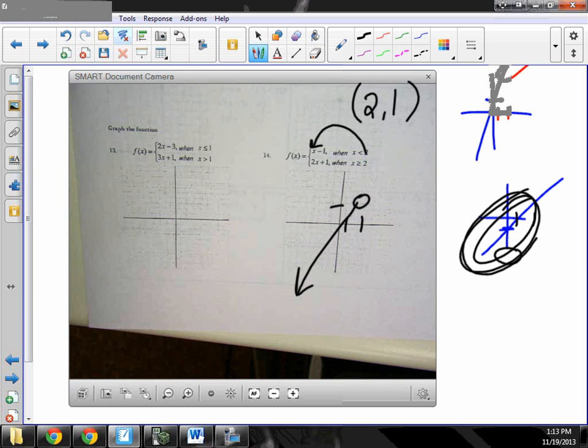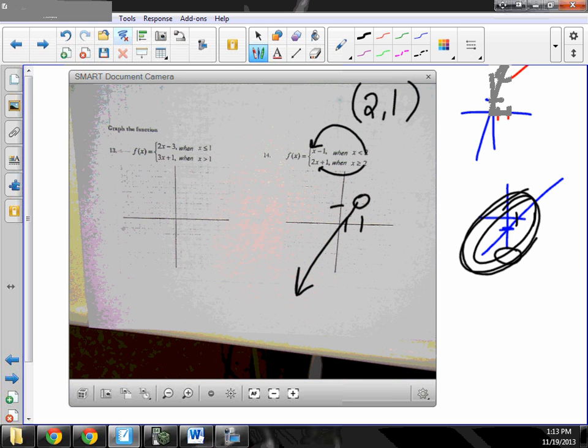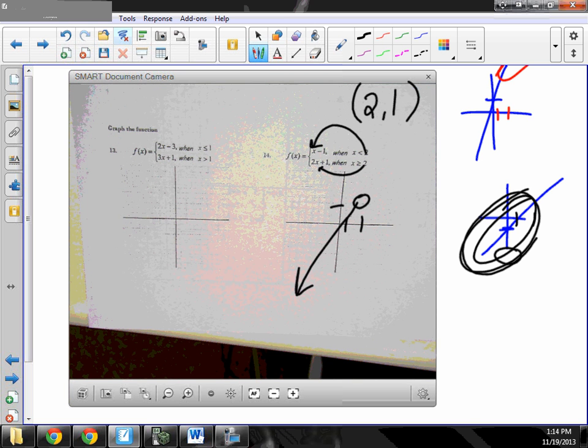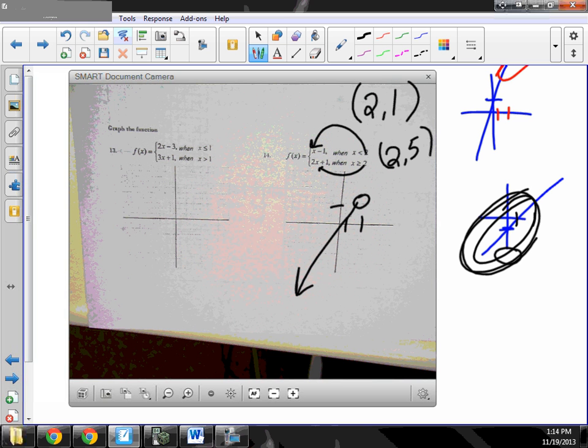Okay? Now for the second graph, I plug in 2. 2 times 2 is 4, plus 1 is 5. So the end point is 2 comma 5. Is it an open circle or a closed circle? Closed circle.